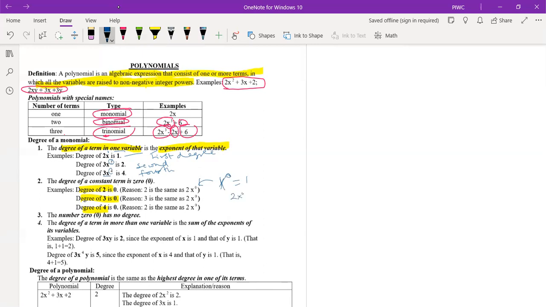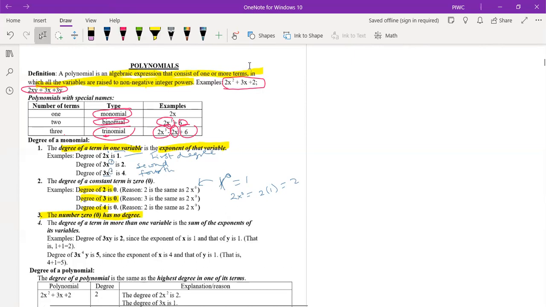So 2x to the power 0 is 2 times 1, and that is 2, right? That's just a constant. The x is missing, and that means the exponent is 0. So that's why the degree is 0, because it's like x to the power 0. Right. Now, what is the degree of a zero? The degree of the number 0. The number 0 has no degree. Okay, no degree.